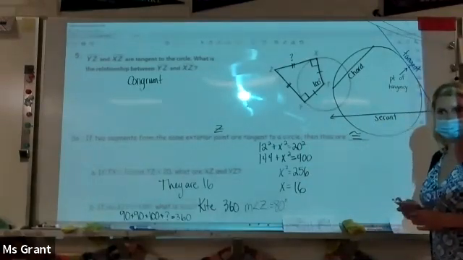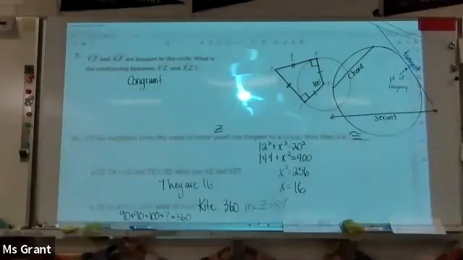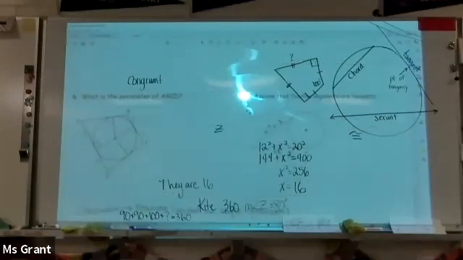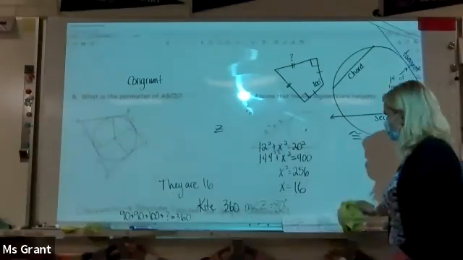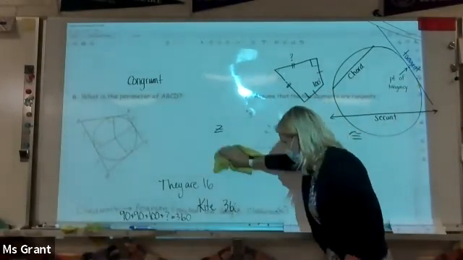Okay. All right, almost there, and time is ticking, so let's go. 6 and 7. There's a bunch of tangent lines on number 6.